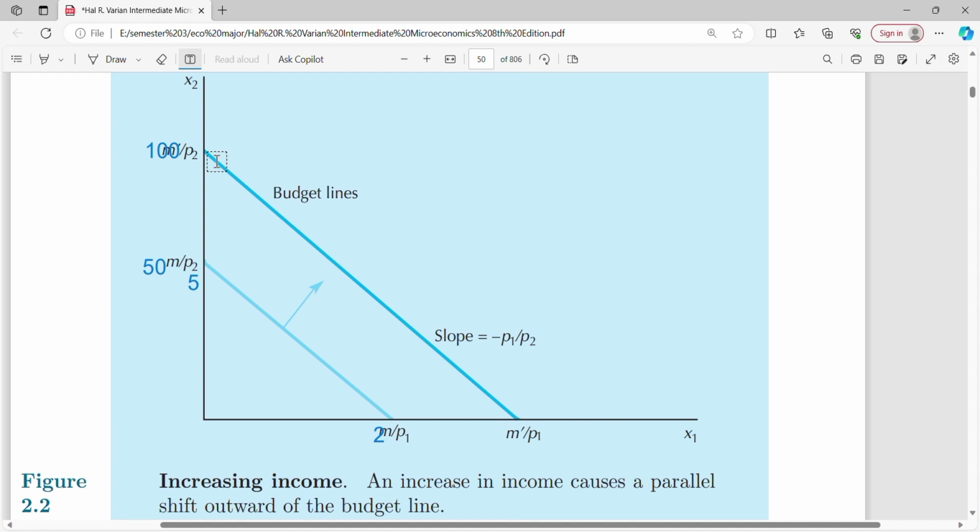So here it is marked at 20, and here it will be marked at 50. So 10 became 20, 25 became 50. So this income increase just brings a parallel shift outward. The same happens when it is a decrease in income. It will be a parallel shift inward.